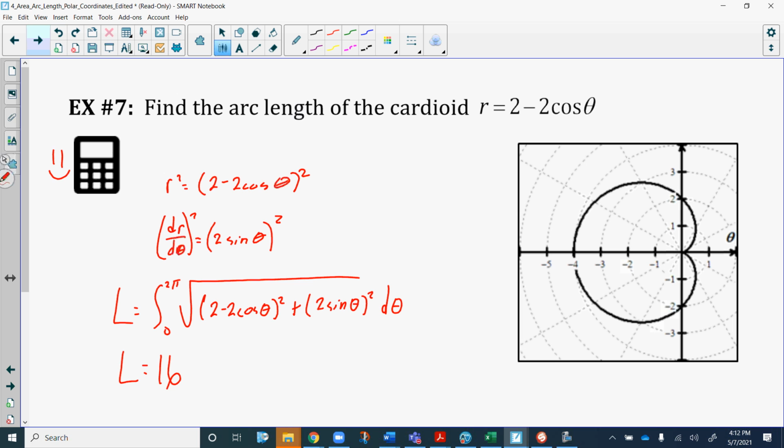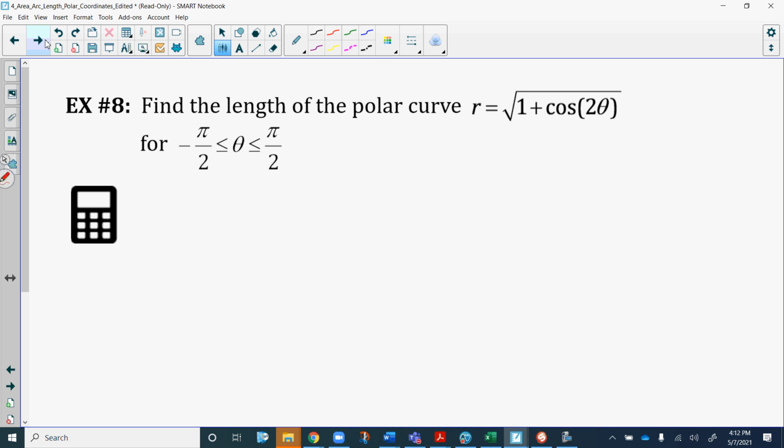And one more example to take a look at, and this one is going to complicate things just a little bit because the dr d theta is going to be a little more complicated here, because of the way it looks.